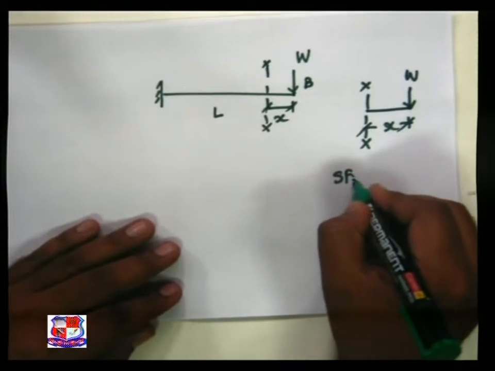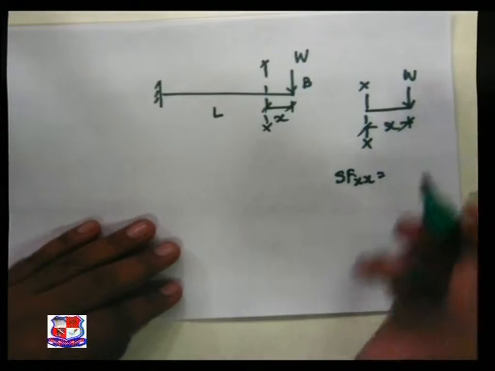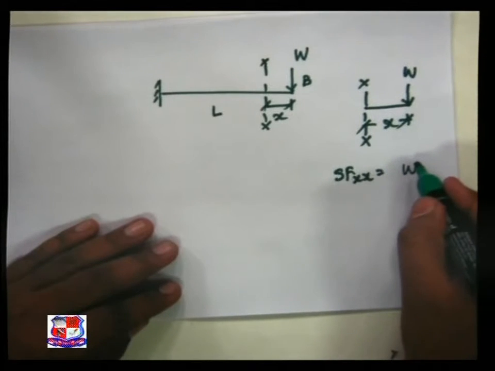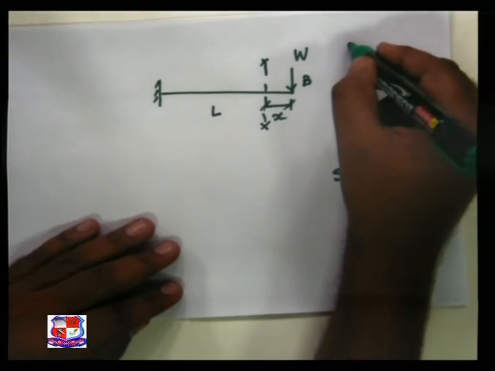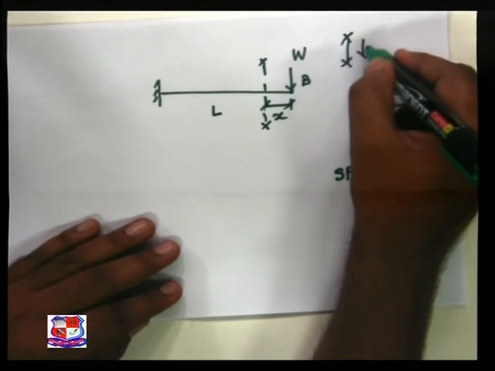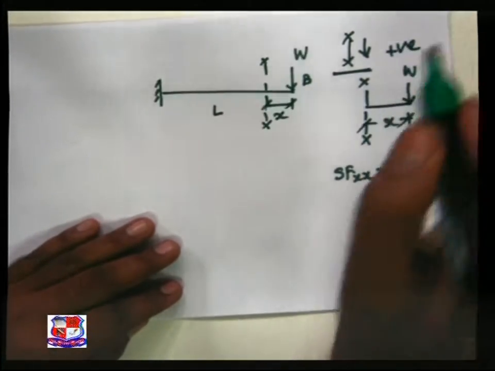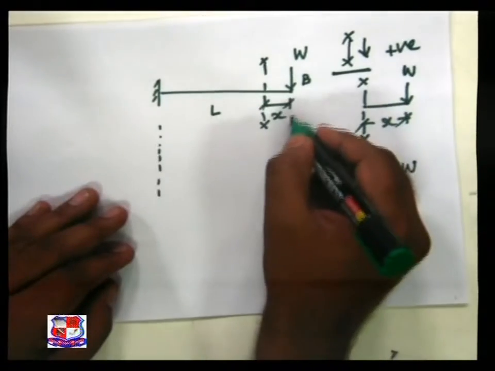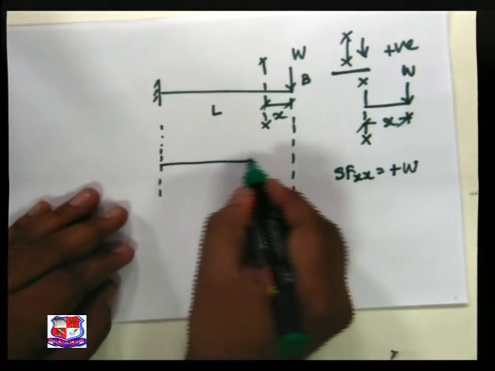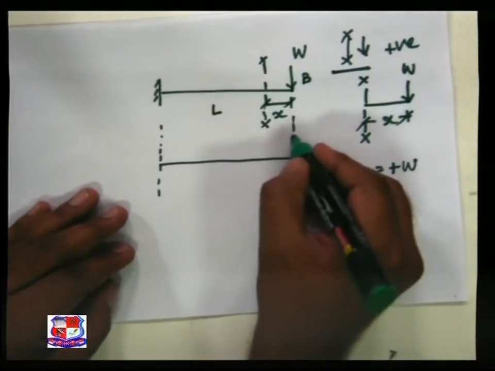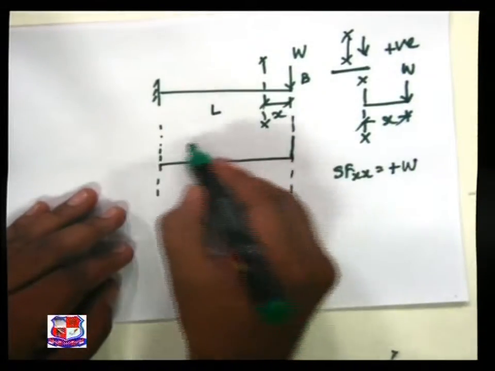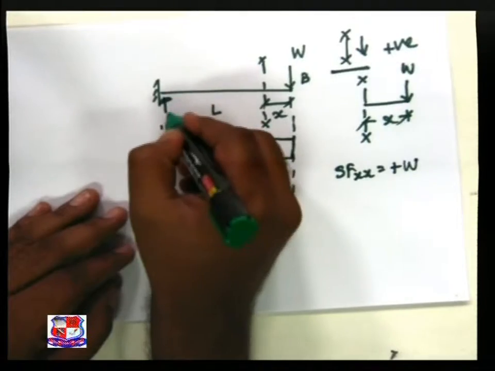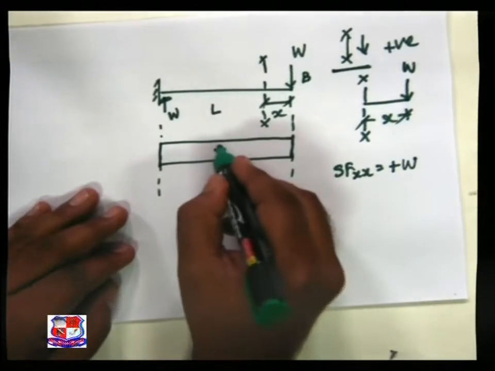Then shear force at XX is equal to, obviously only one load is acting throughout the beam, it is W. About the sign convention, just visualize section XX, right side downward is treated as positive, so this is plus W. So if we take a section from the right side and proceed further, then plus W, no load throughout, it is a horizontal straight line relationship, and as we know, the reaction is W with plus sign.